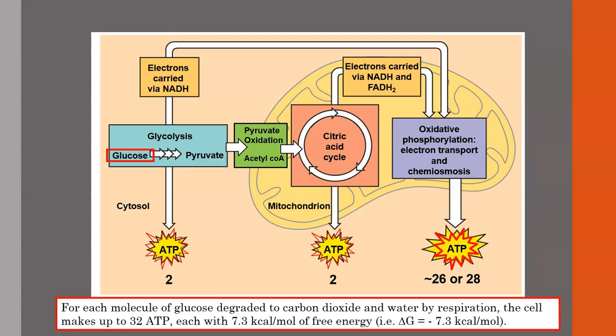Each of those molecules of ATP has 7.3 kilocalories per mole of free energy that would be energy available to do work. So if you multiply 7.3 times 32, we're not going to have to do that, but you could think about how much free energy that is for every one glucose molecule.